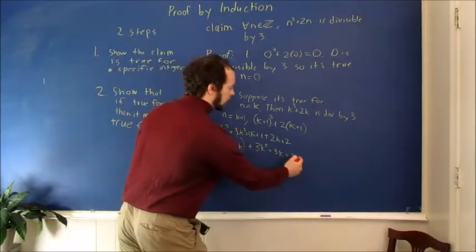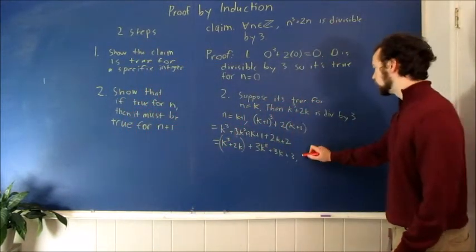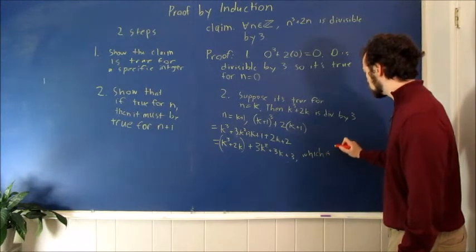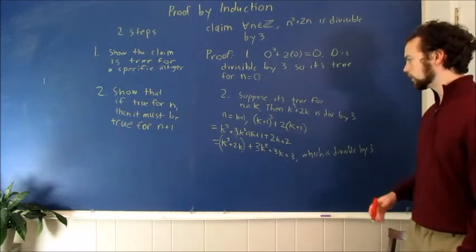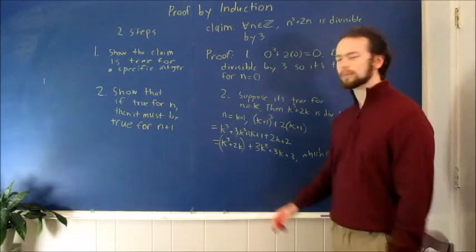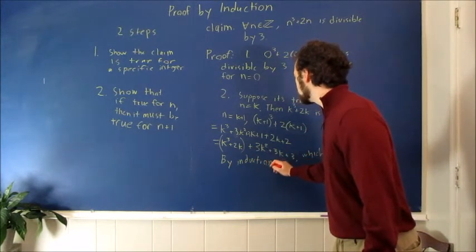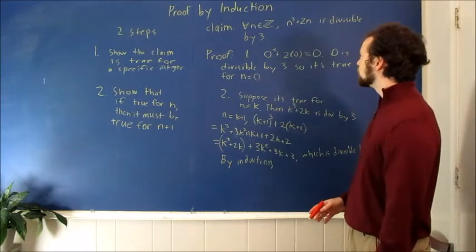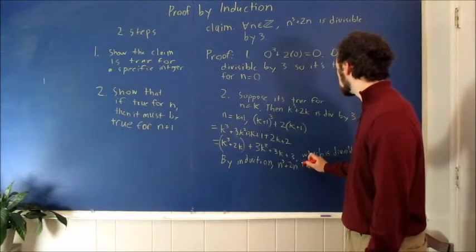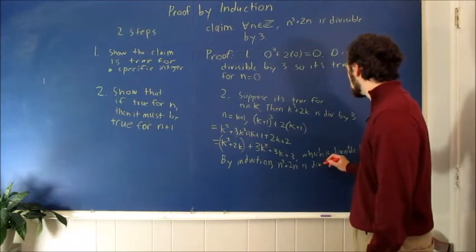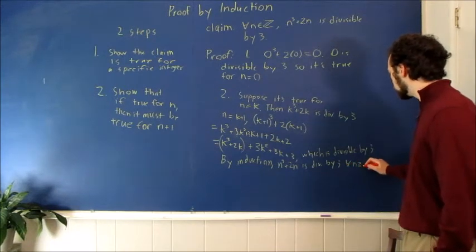At this point, maybe just mention that it's divisible by 3, and it's customary to write something like: by induction, n cubed plus 2n is divisible by 3 for all n greater than or equal to 0.